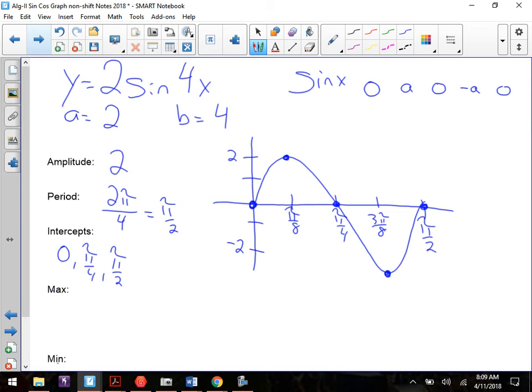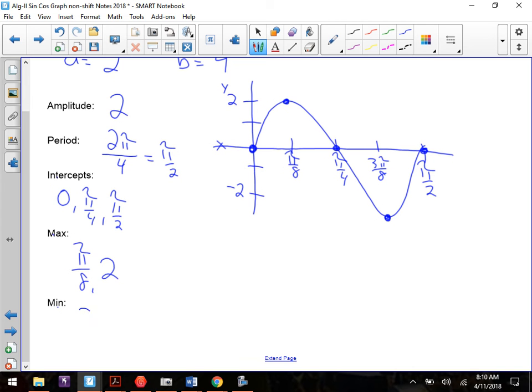And then it crosses halfway through as well, where it's 0. Now, maximum. Where does it reach its maximum point? It reaches it at pi over 8, comma 2. The max is at pi over 8 and 2. Remember, this is your x, this is your y. We're talking about two-dimensional stuff. And then your minimum would be at 3 pi over 8 and negative 2. It's not crazy, is it?